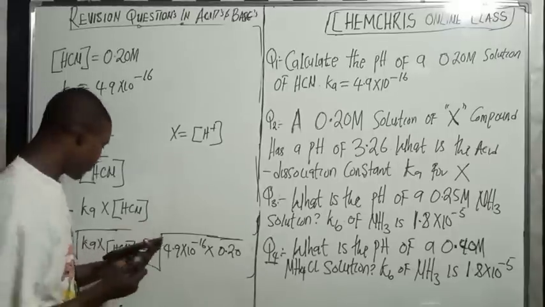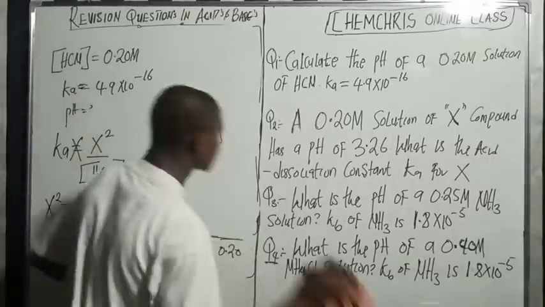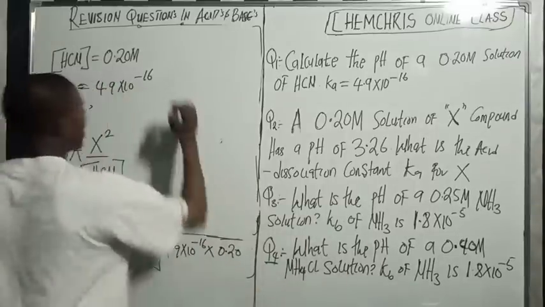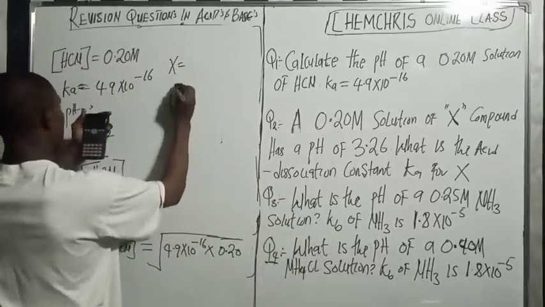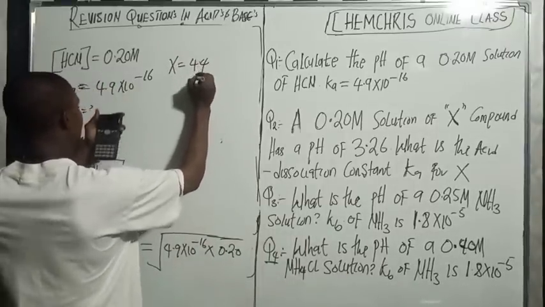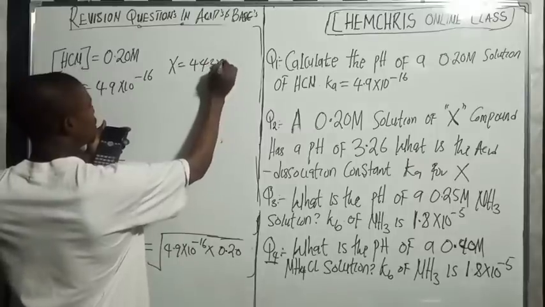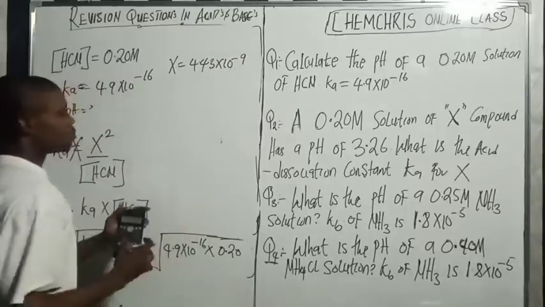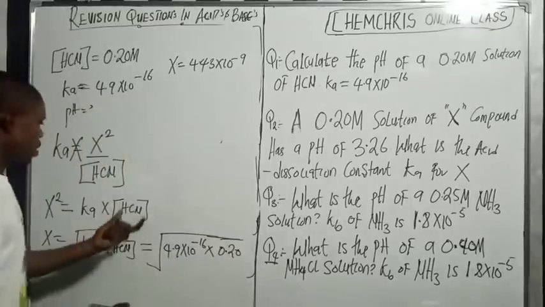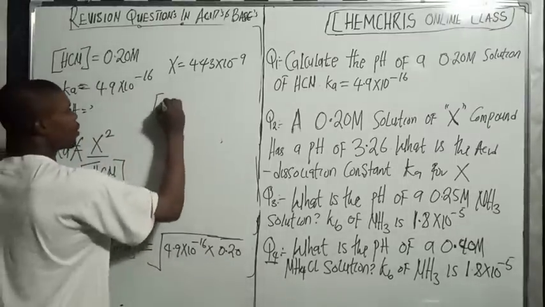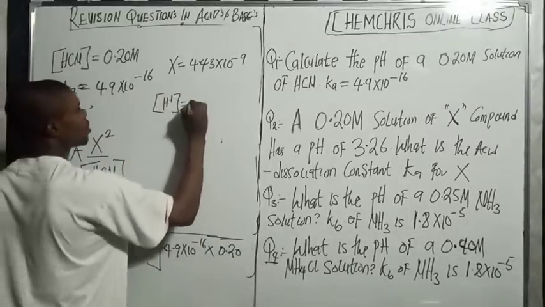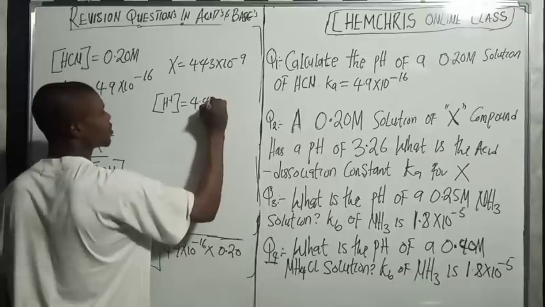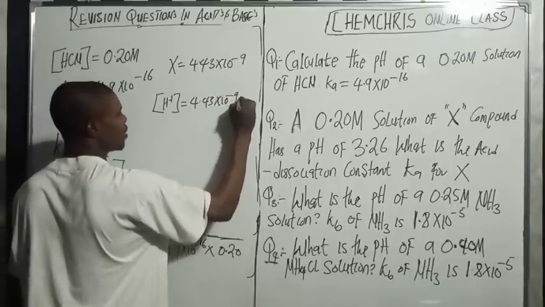So my X is 4.43 exponential minus 9 molarity. It means that the concentration of H plus is 4.43 exponential minus 9 molarity.